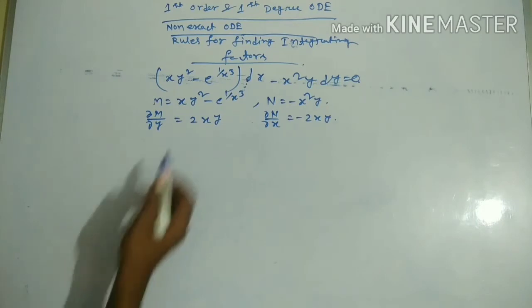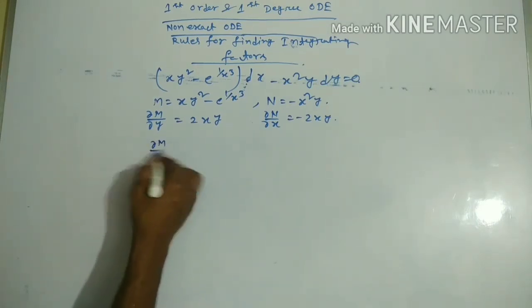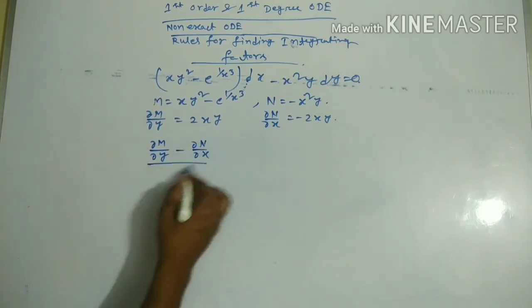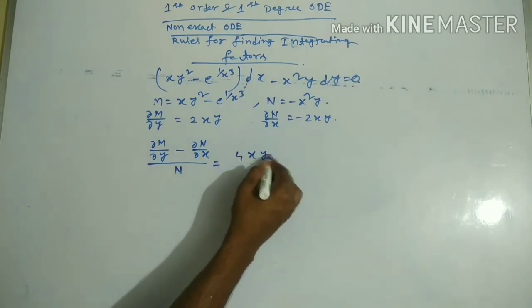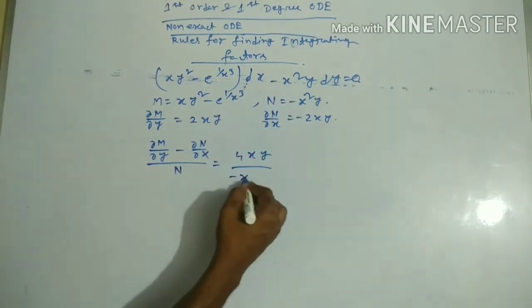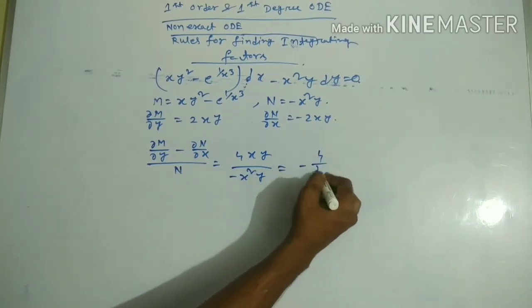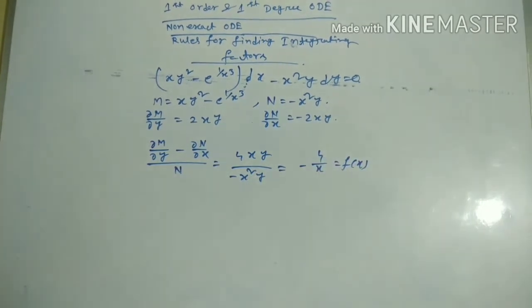Now I am using rule number 1. Del M del y minus del N del x, that is 4xy, divided by N, which is minus x squared y. This will be minus 4 by x, and it is clear that this is a function of x alone.